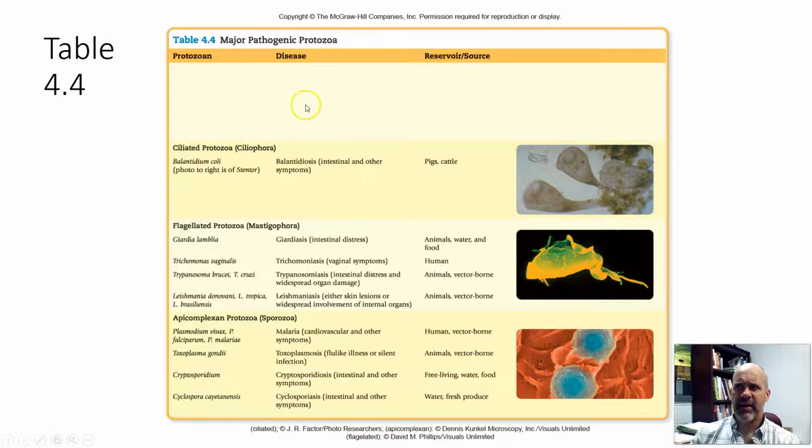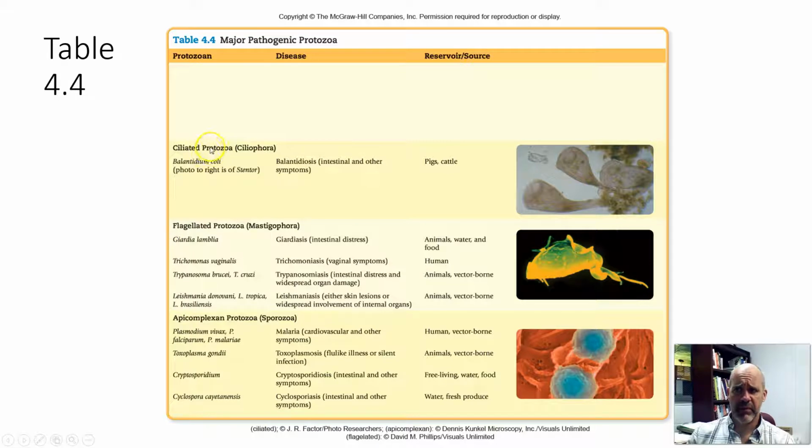I downloaded this figure from the publisher's website, and up here it's supposed to be listing pathogenic amoebas, and that got deleted off of this particular image. So take a look at this table in your textbook to see it more clearly.